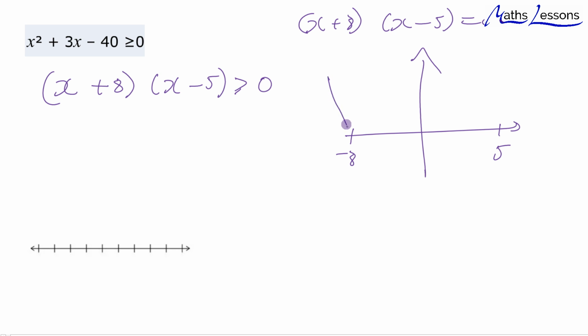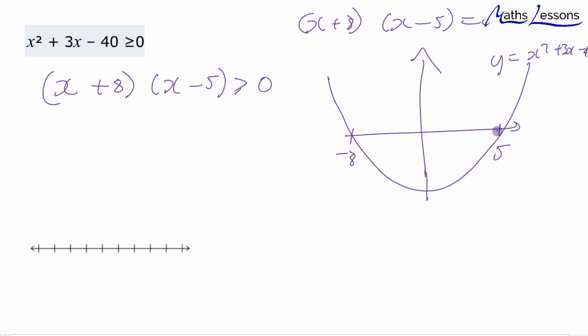If we were to draw a graph of y equals x squared plus 3x minus 40, I've just gone off the screen a little bit there. If we were to draw that graph, that's what it would look like.